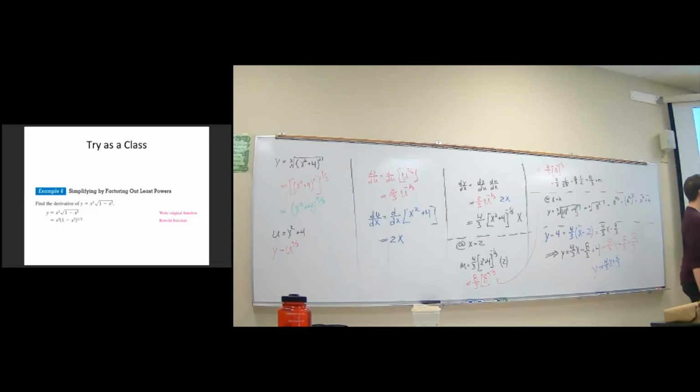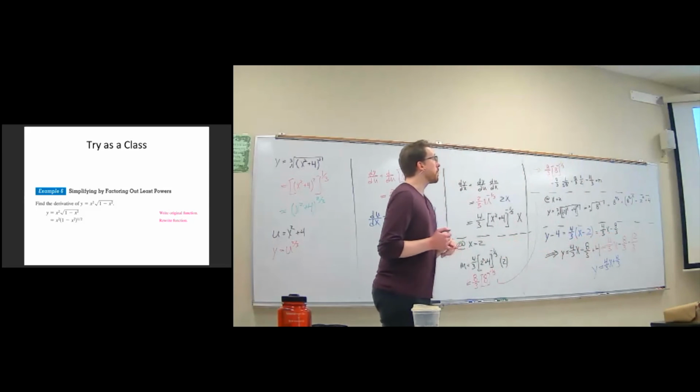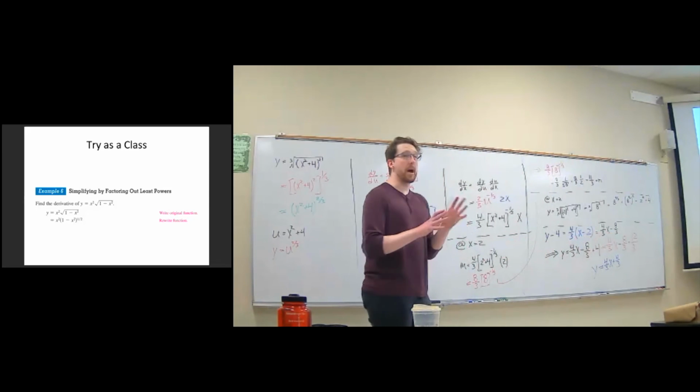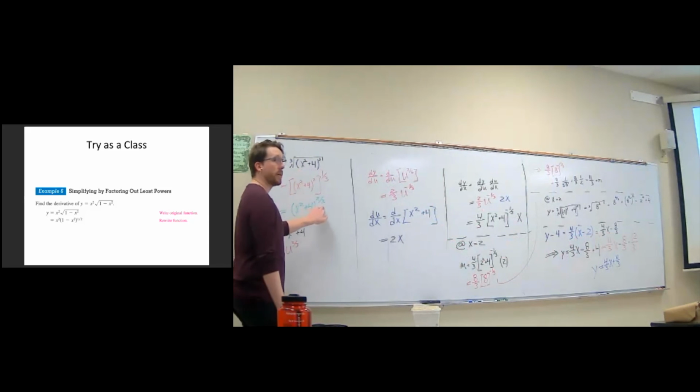And that's what they're trying to get at here, is that first, rewrite your problem using powers. That generally is just a good rule. I mean, we saw it here, helping us simplify our problem a great deal, right?